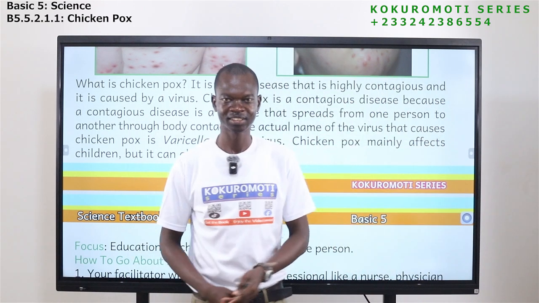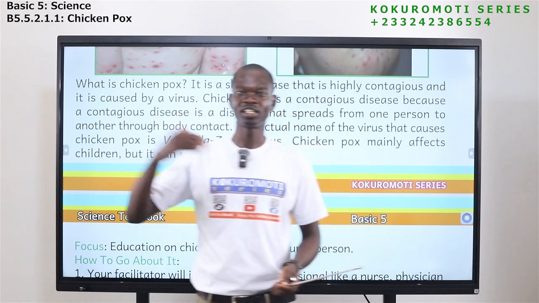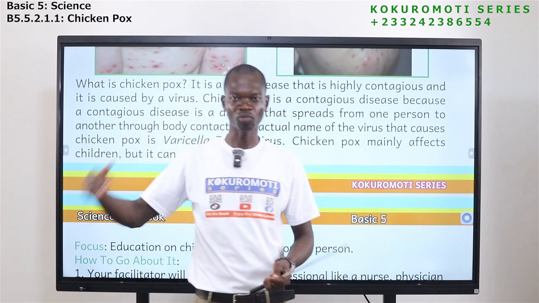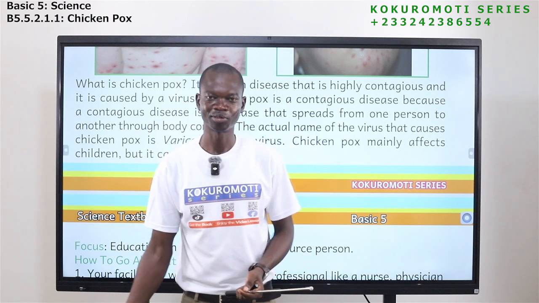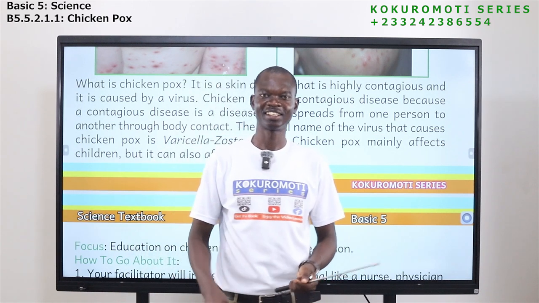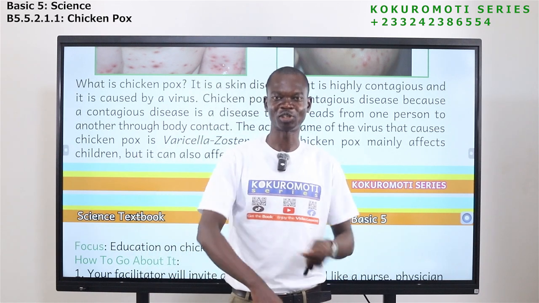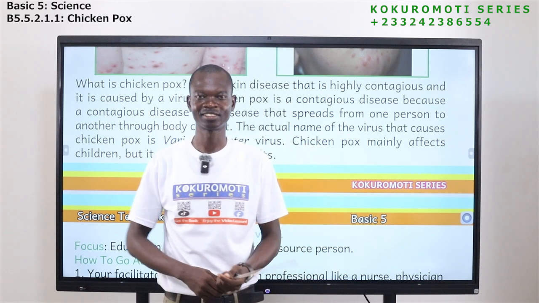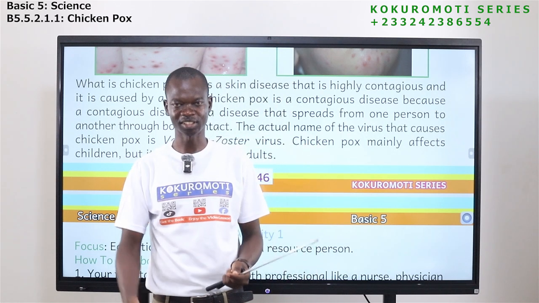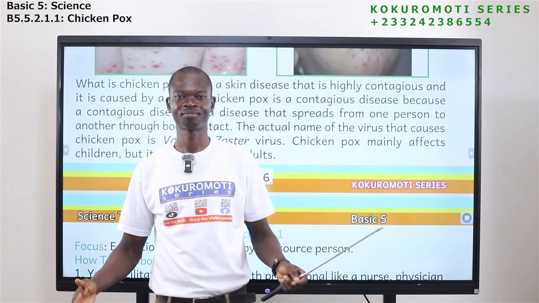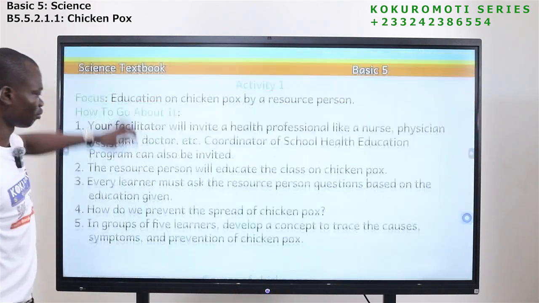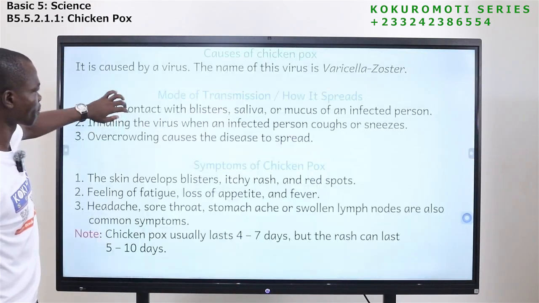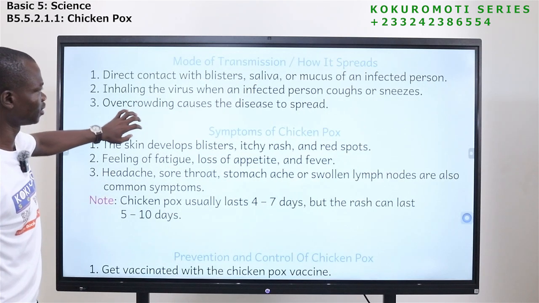Contagious means that if you have body contact with someone who has chickenpox, that person will transmit the disease to you because of the body contact. That is why we say it is a contagious disease. Mostly children suffer from this disease.